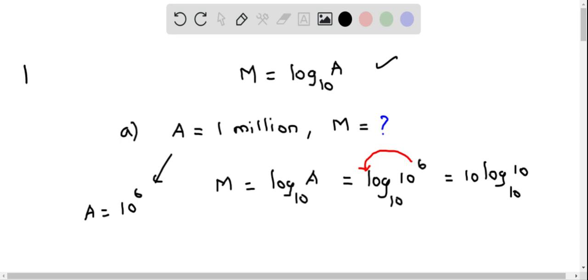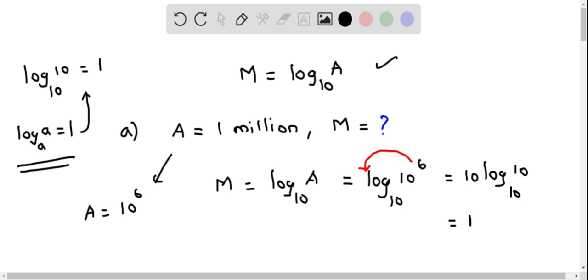And we know that log 10 to the same base 10 equals 1. This is according to the property of any logarithm, that is log a to the same base a equals 1. So using this property we see that this log value is 1. So therefore we can say that this is equal to 10 times 1 and this equals 10.